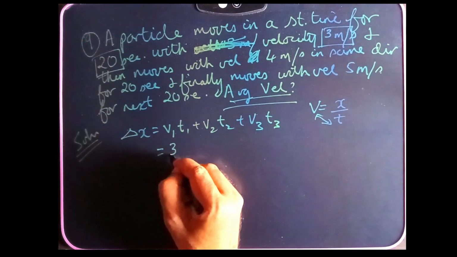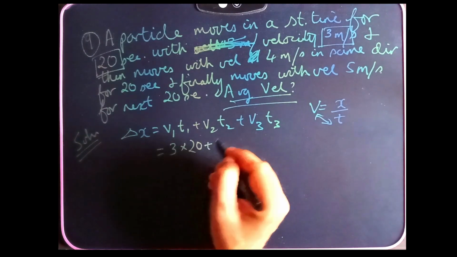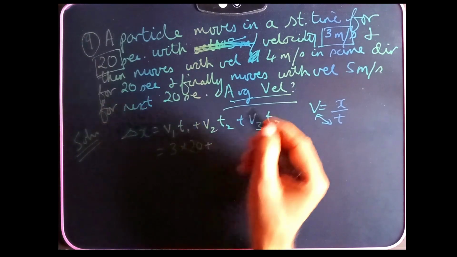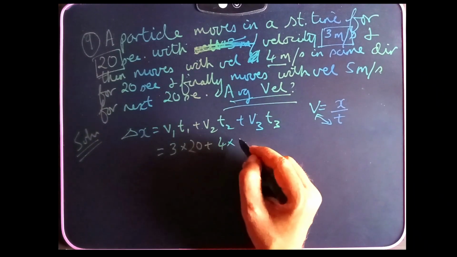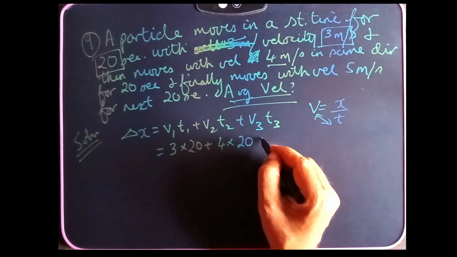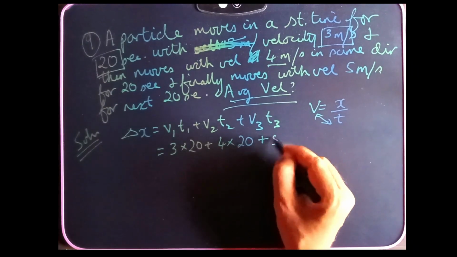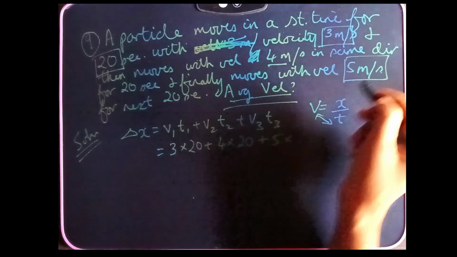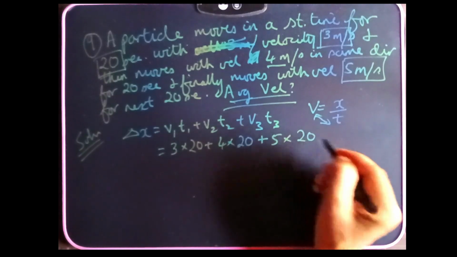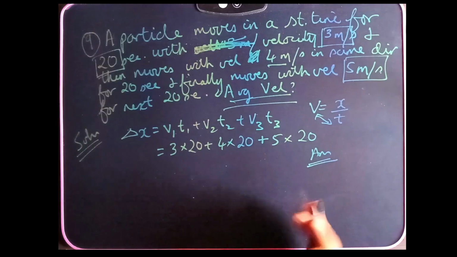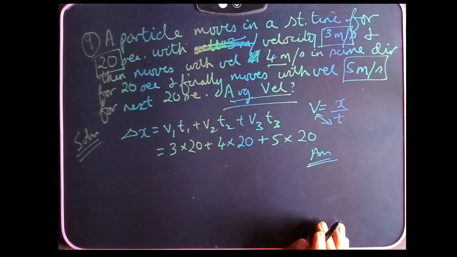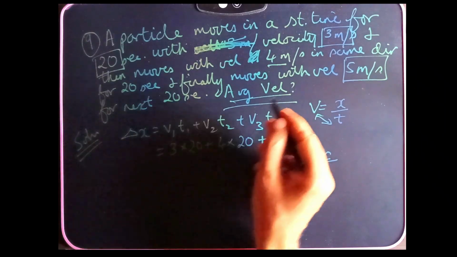So 3 into 20 plus, next velocity is 4, so 4 into again 20, all are 20 time period only, right? Plus 5 into 20. So you add up all this and you'll get your answer. Okay, it's a straightforward question.